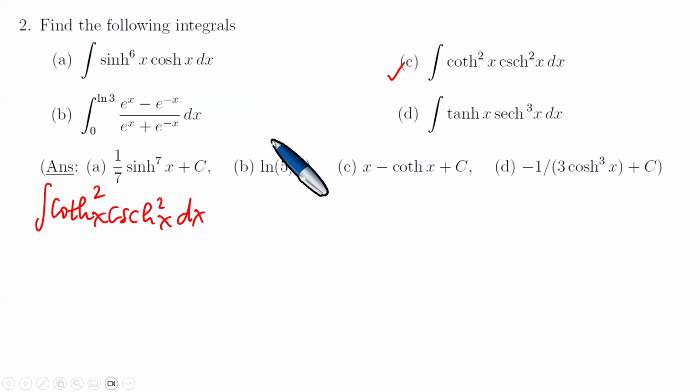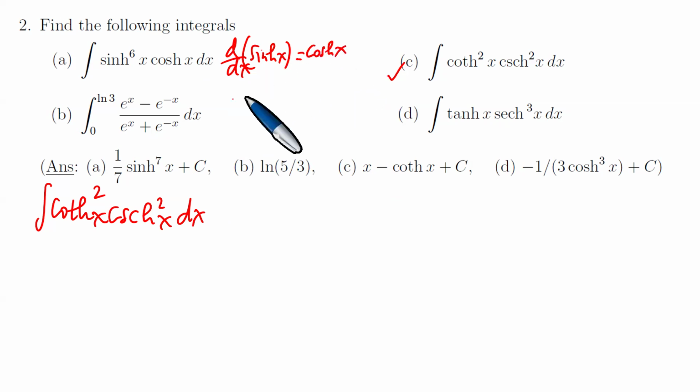So now, let's check. I want to just recap on the rules. Let us revise the rules a little bit. The derivative of the hyperbolic sine is the cosh.